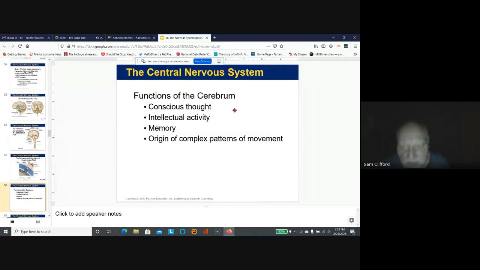Okay, what are the functions of the cerebral hemispheres? Thought, intellectual activity, memory, complex patterns of movement.